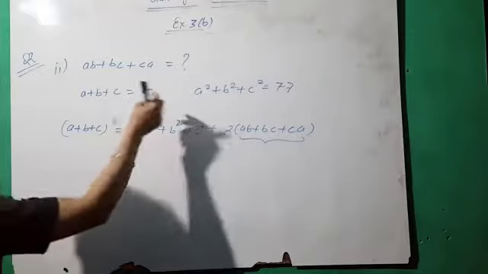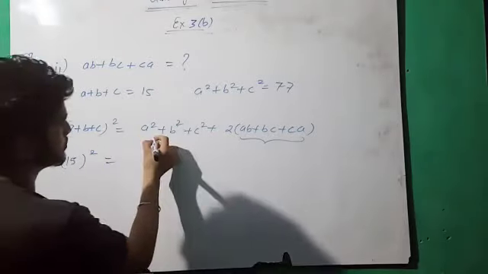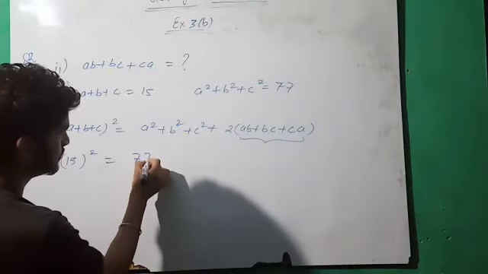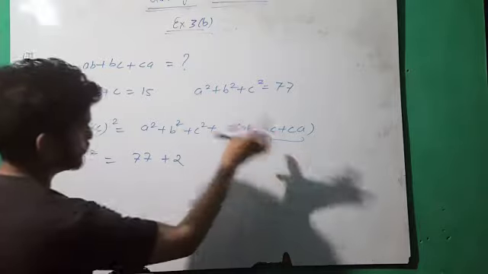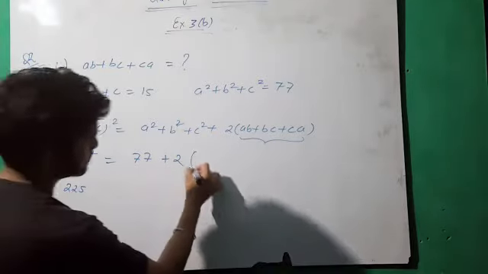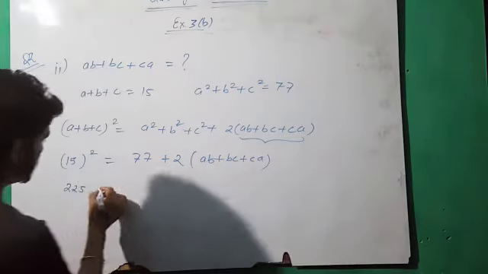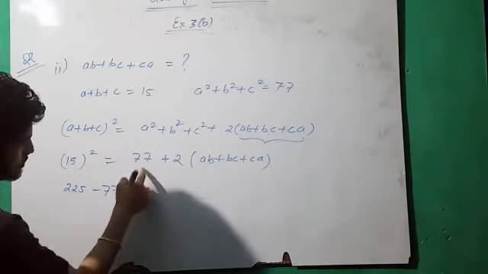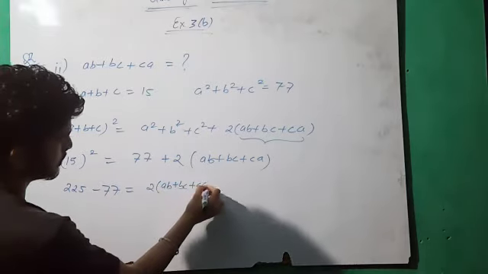So a plus b plus c is 15, so 15 square equal to a square plus b square plus c square, given that 77, plus 2 times this unknown value. 15 square is 225, minus 77, equals 2 (ab plus bc plus ca).